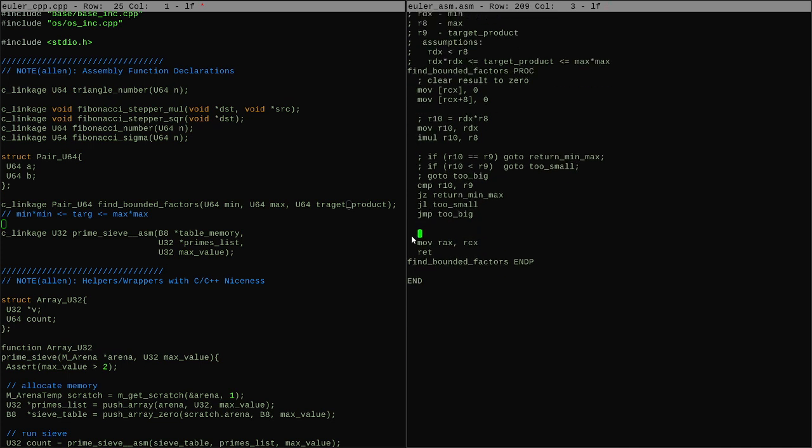So let's see, if it's return min max, then what we want to do is say move into RCX from the small side is RDX and then the big side is R8.